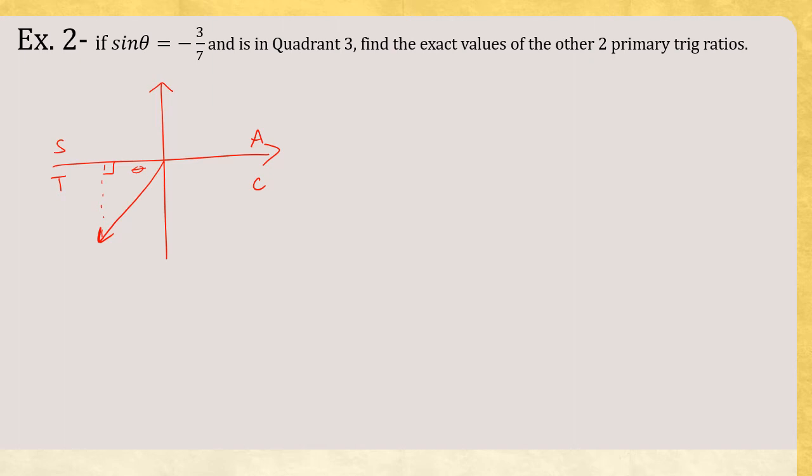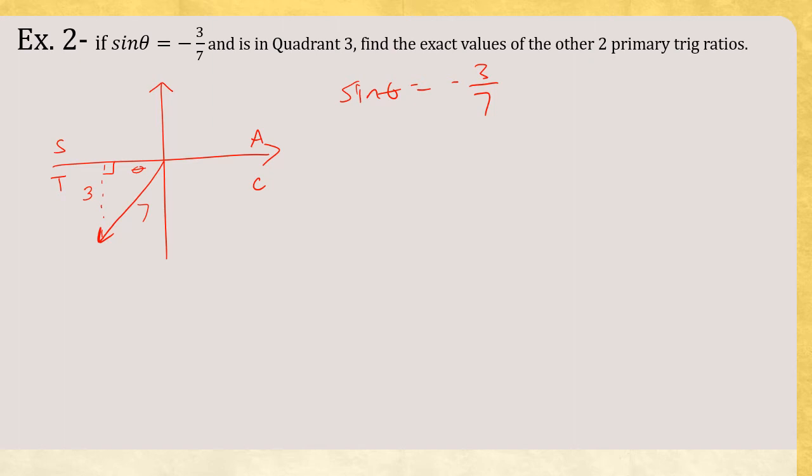And we got negative 3 over 7. Now remember, sine is opposite over hypotenuse, or y over r. So this is 3 and this is 7. If I want to find the exact value, we already know sine theta equals negative 3 over 7.